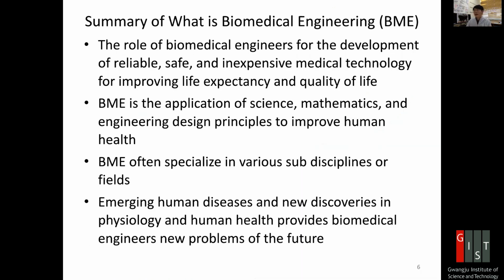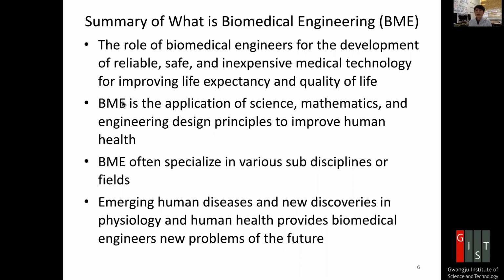So let's summarize. In this chapter on what is biomedical engineering, we covered the role of biomedical engineers in the development of reliable, safe, and inexpensive medical technology to improve the life expectancy and the quality of our lives.